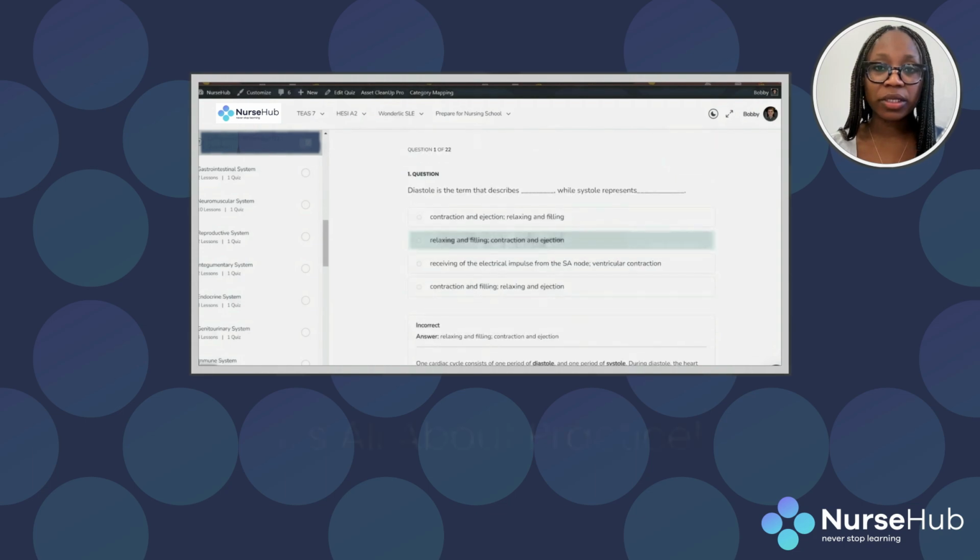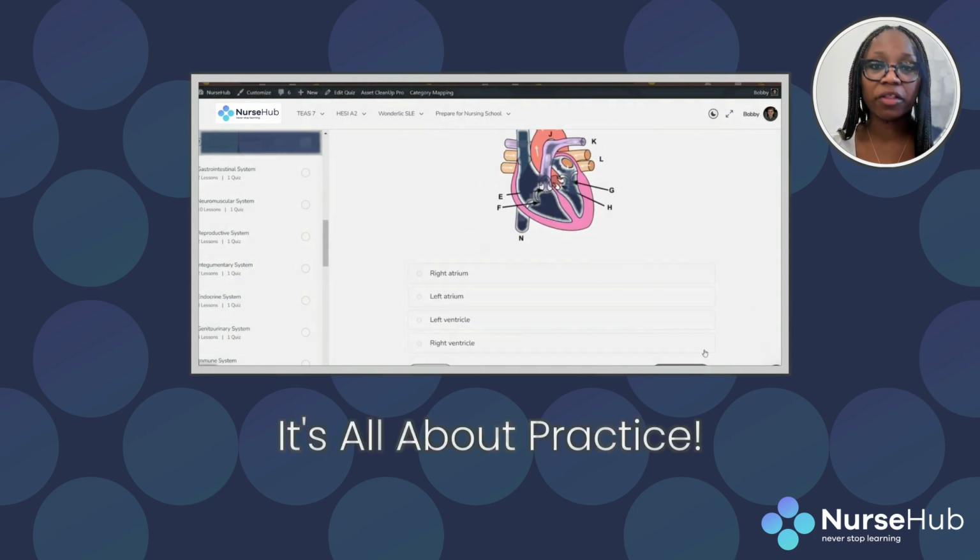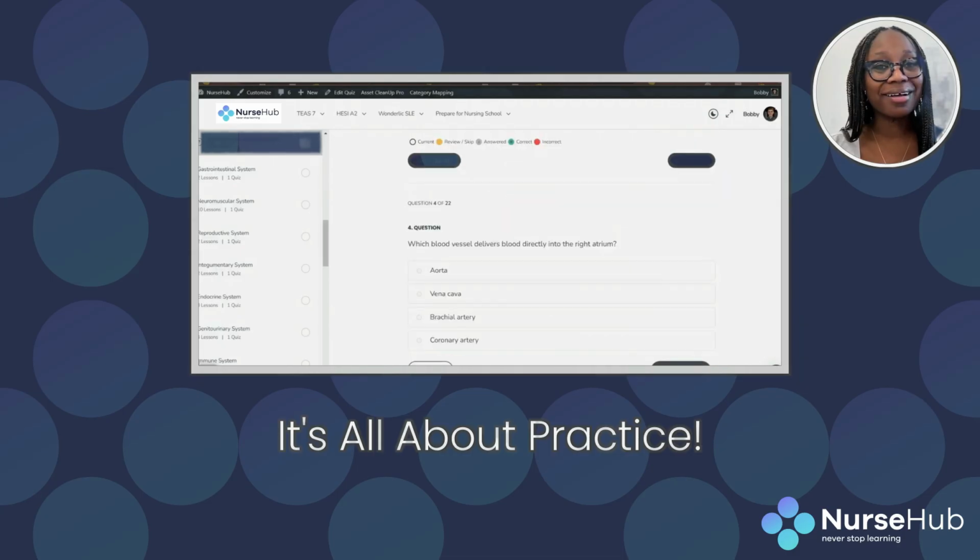The key to answering these questions and getting them right every time is to be very familiar with the material. It's going to require a lot of practice. But don't just practice anywhere. There are tons of practice exams available on the internet, and a lot of them are not aligned and don't really have questions that go into the correct depth that's required for the TEAS exam.